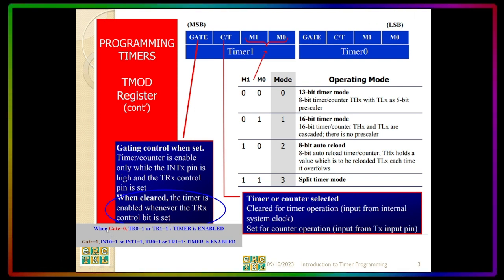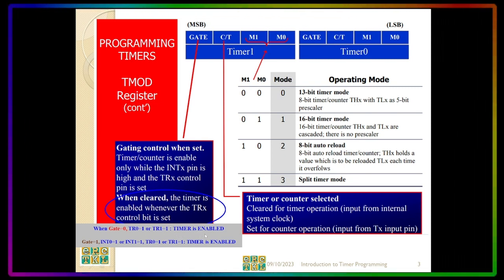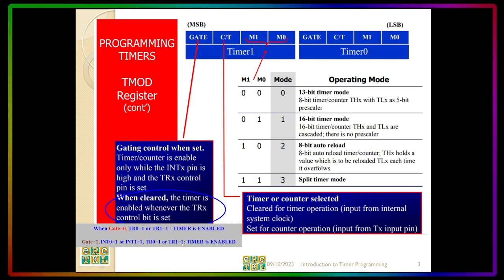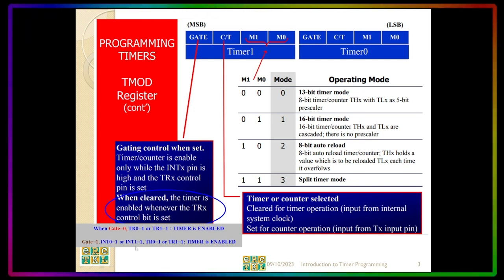Just to summarize, when the gate equals 0, TR0 or TR1 must be equal to 1, and then the timer will be enabled. But when you make the gate equal to 1, not only must TR0 or TR1 equal 1 to enable the timer, but INT0 or INT1 must also be equal to 1. Enabled means the timer will be possible to use.